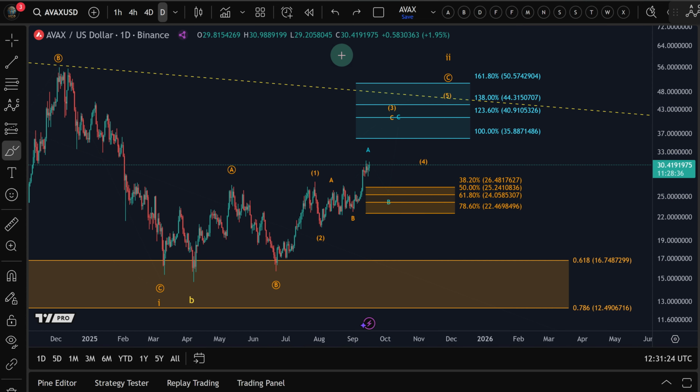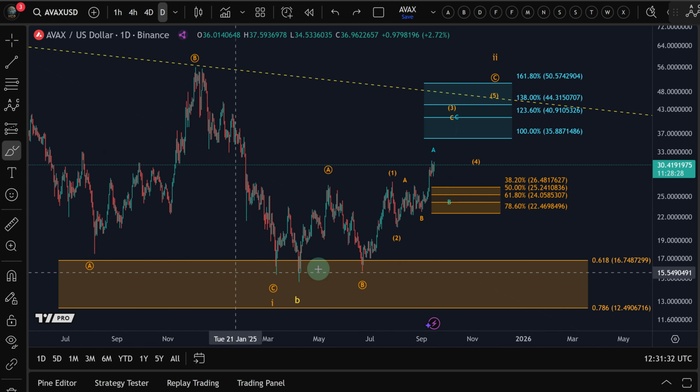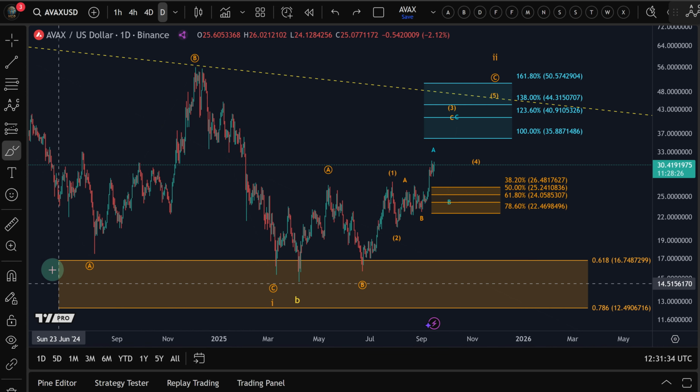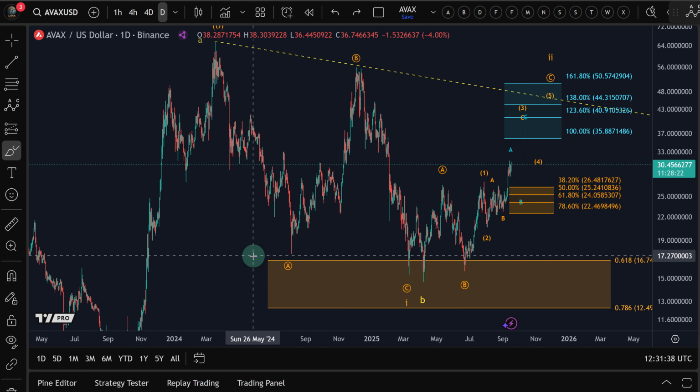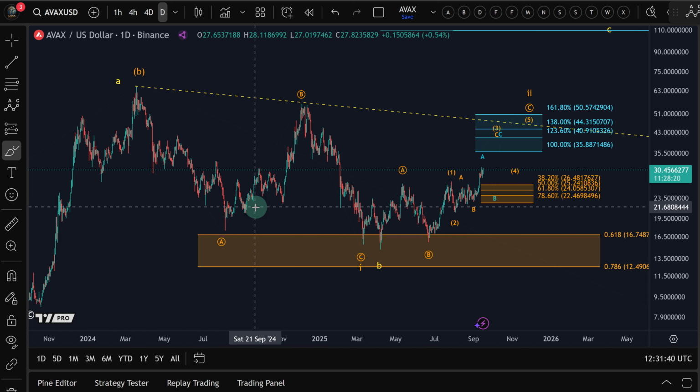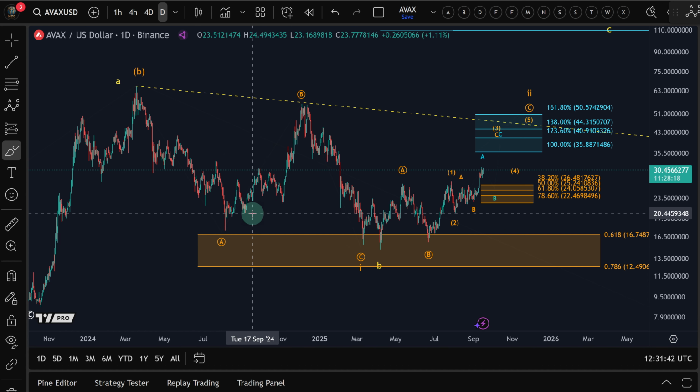It's basically what we talked about in previous updates and member live streams as well. I think we covered AVAX in one of the last few ones. And I've always said, look, this is the support zone that protects AVAX from sliding into a bear market. I'm not convinced about this chart, but we have a long-term chart that we share on Discord.